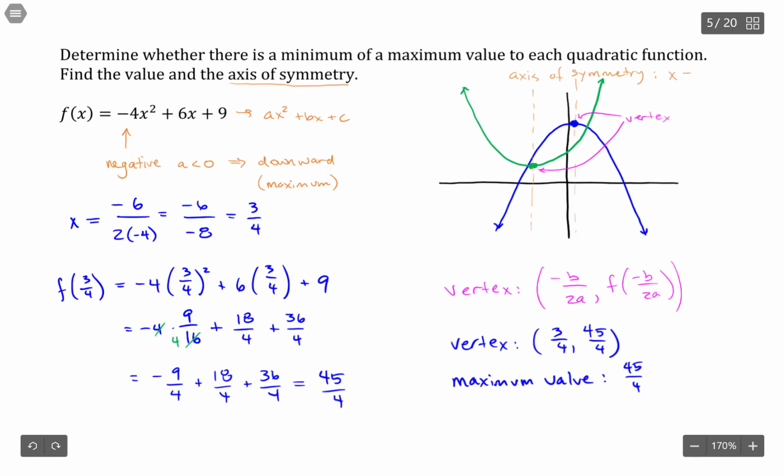It's just x equals the x coordinate of the vertex, because an equation of a vertical line is x equals a constant. So the constant that just happens to be passing through our vertex is what we want. We already have that here. That's 3/4. So the axis of symmetry is x equals 3/4.